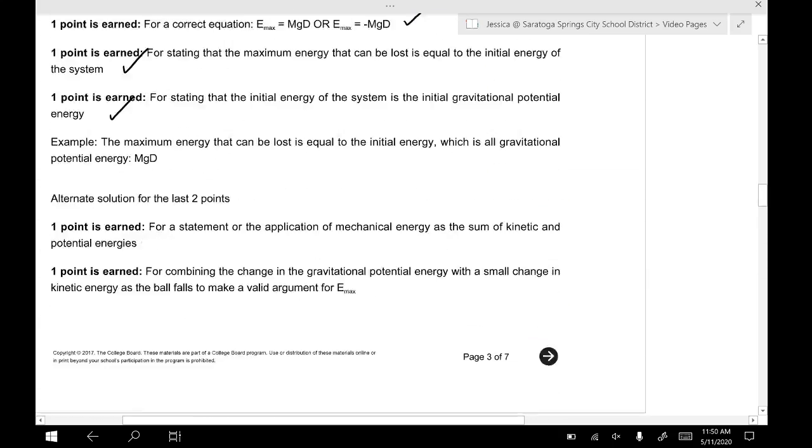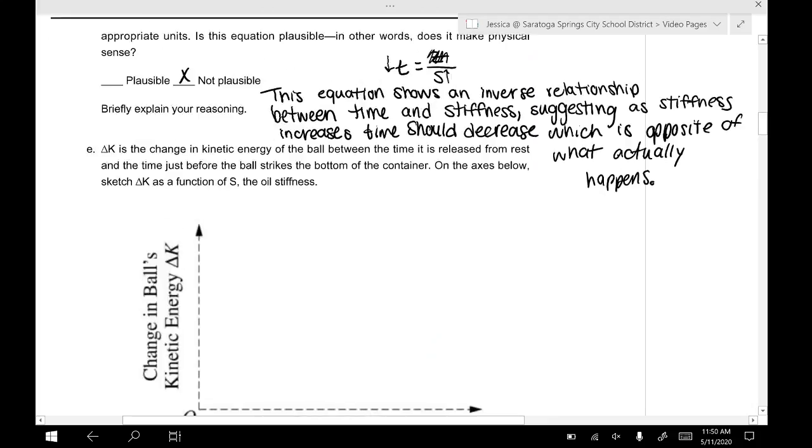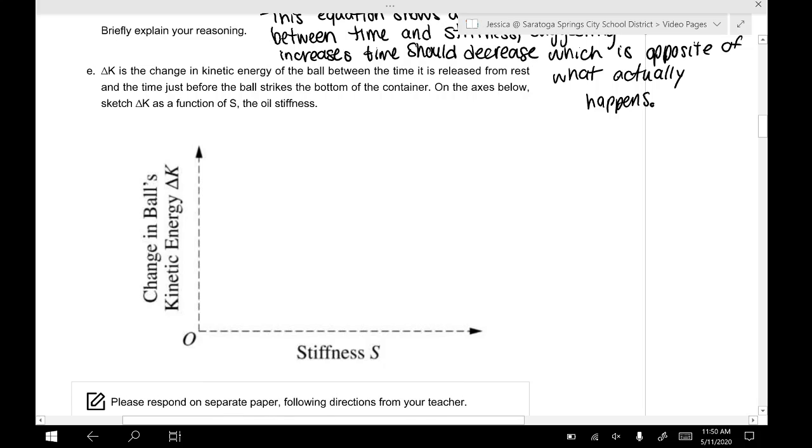All right, question E, last part. So question E says, delta K is the change in kinetic energy of the ball between the time it is released from rest and the time just before the ball strikes the bottom of the container. On the axis below, sketch delta K as a function of S, the oil stiffness. Okay, so remember, change in kinetic energy is really going to be a change in the ball's velocity.